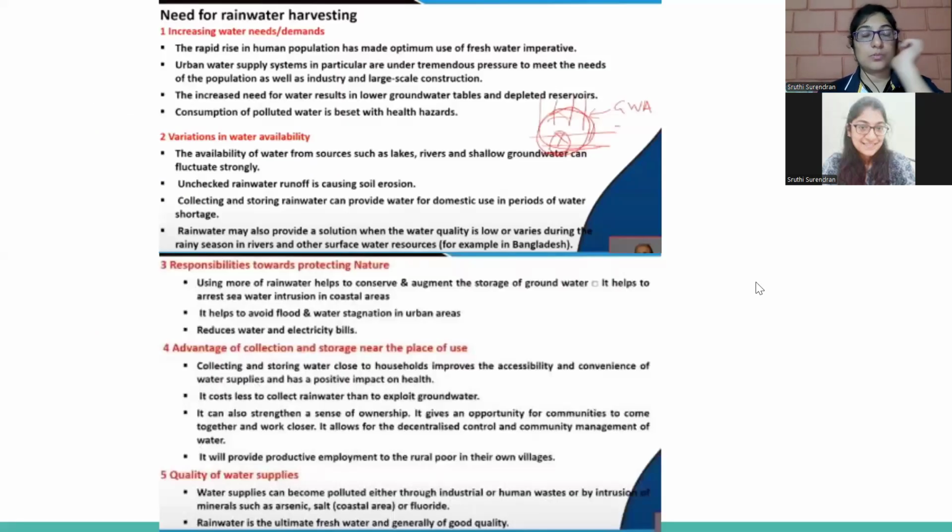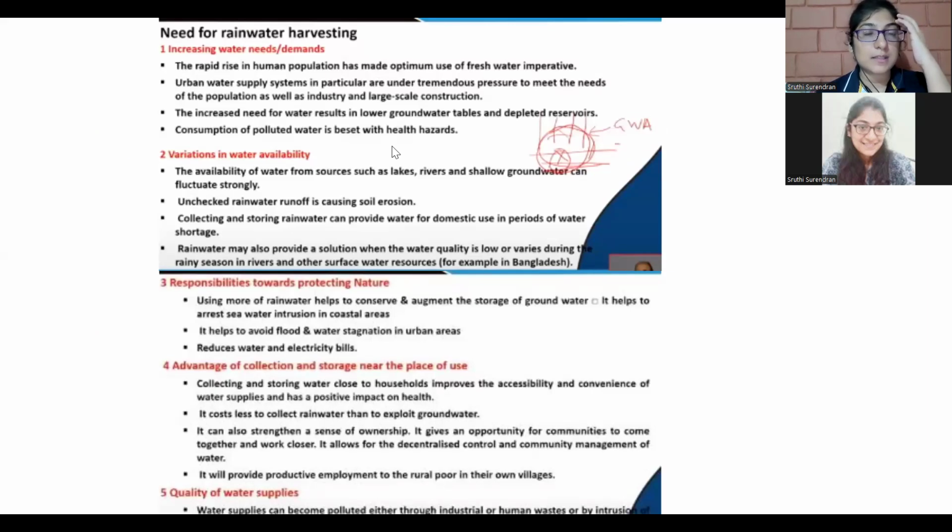Okay. So with respect to this question, rainwater harvesting is something to be considered due to various factors, primarily to meet our increasing water needs or water demands.